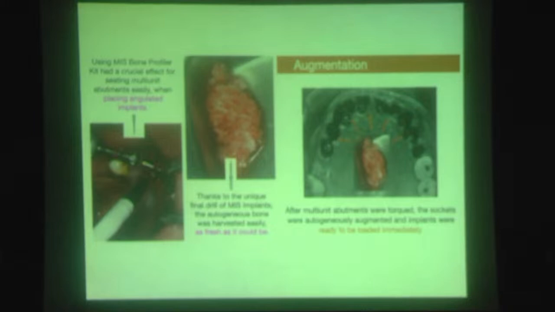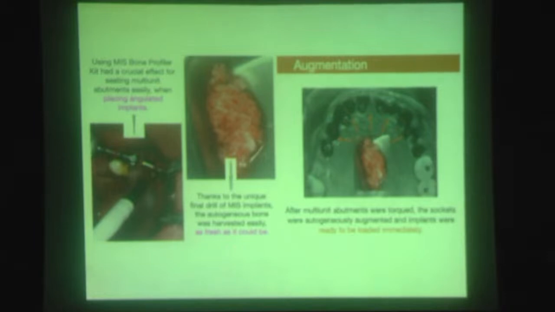The left side is okay, but the right side is embedded so much that we cannot place the multi-unit abutment. So in those cases, we use some bone profilers. The bone profiler doesn't affect the implant in a bad way, but conditions the peripheral size of the implant very easily.